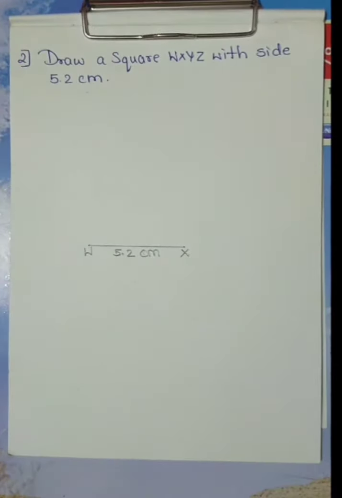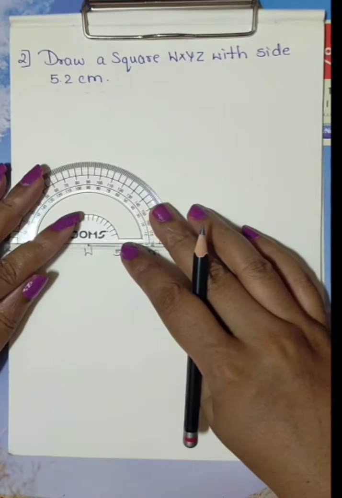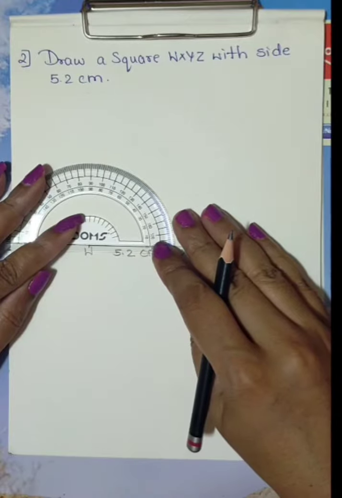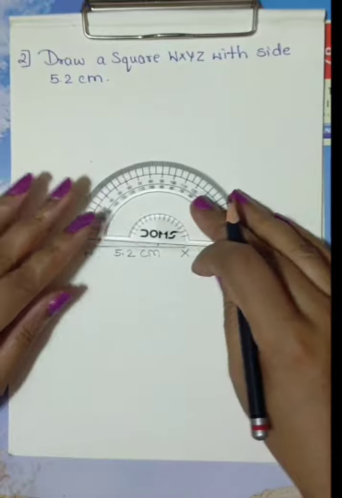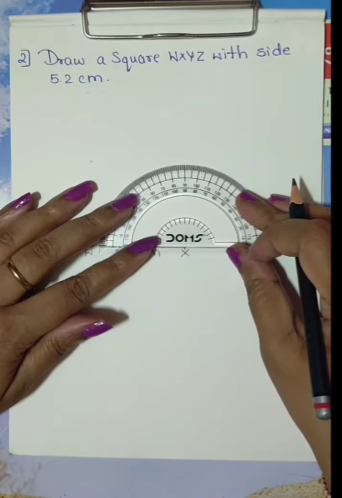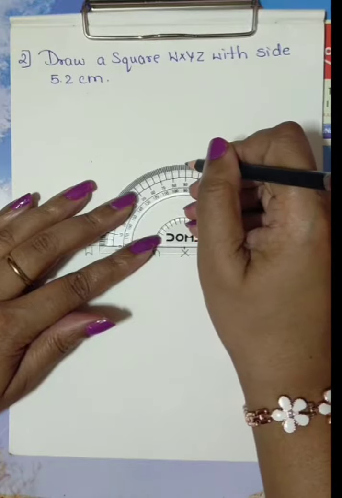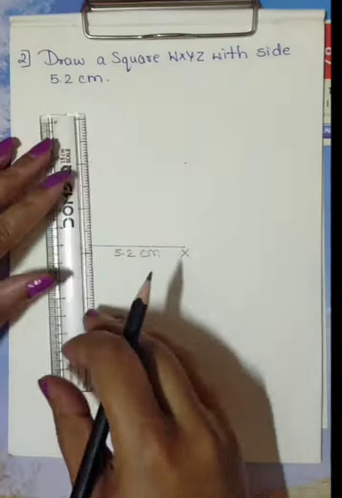What is given? Draw a square, they have said. So first we'll take protractor to mark 90-degree angle. Okay, now we are going to join this.